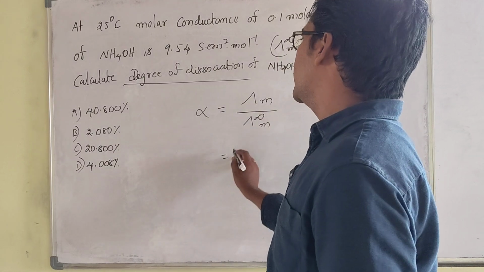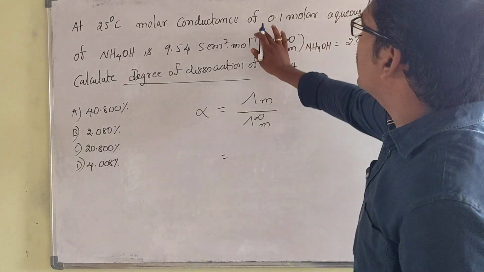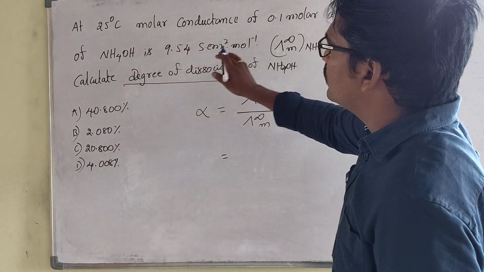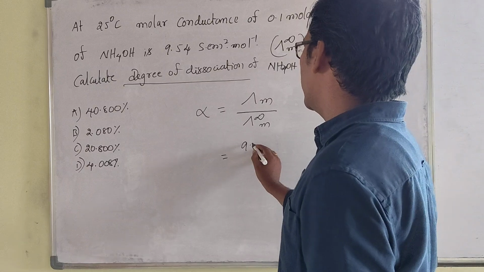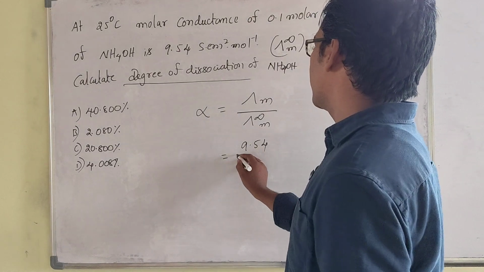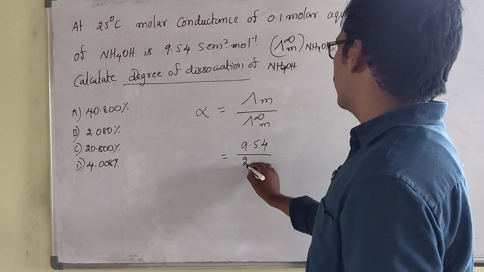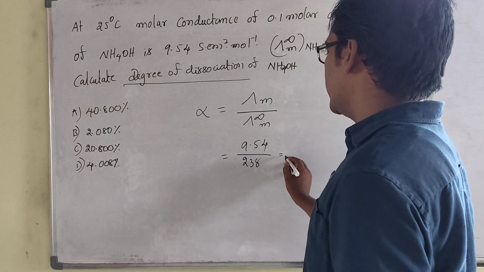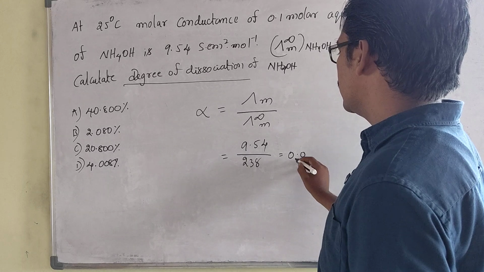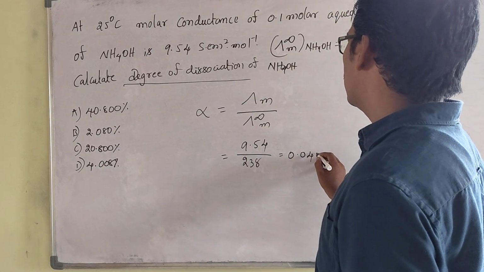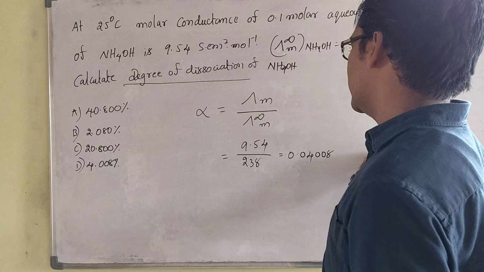The molar conductance of 0.1 molar aqueous solution of this is 9.54. Then the limiting molar conductance given is 238. Then you can get 0.04008, like this.